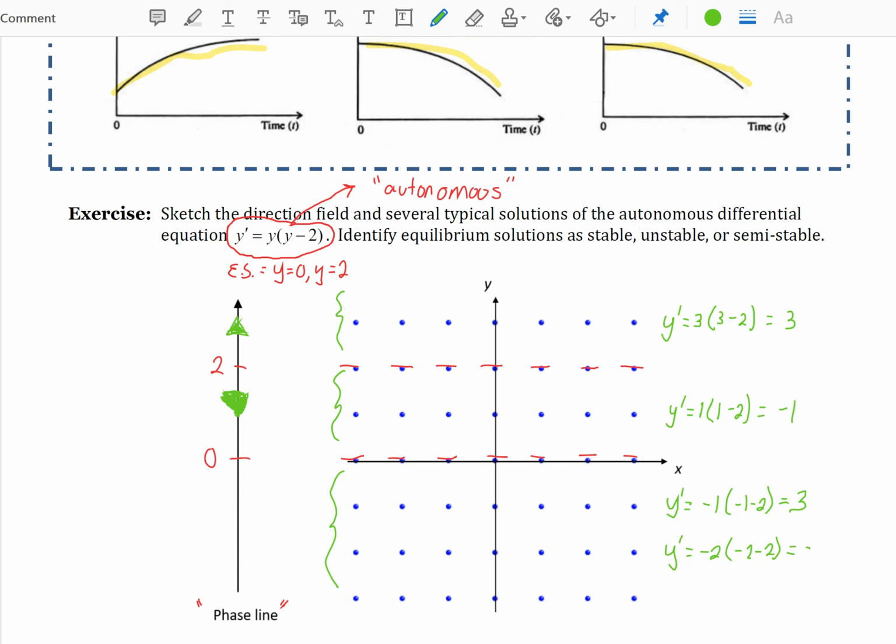Here our slopes will always have a value of 8. Anything along the line y equals -3, the slope at -3, this would be -5 right here, times -3 would be +15. Now, it can be really hard for me to draw slopes of 3, 8, and 15 on here, but what I do notice is that while they're all different, they all have a positive sign. So they all would be moving upward.